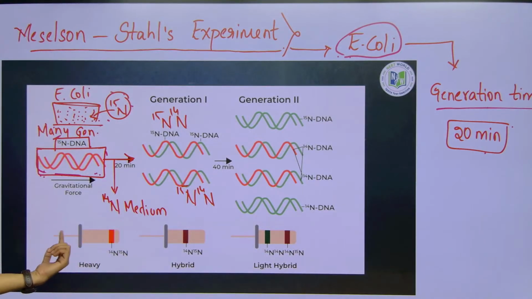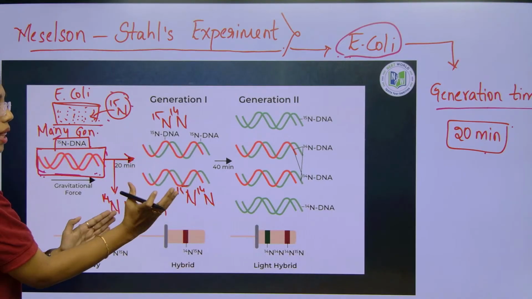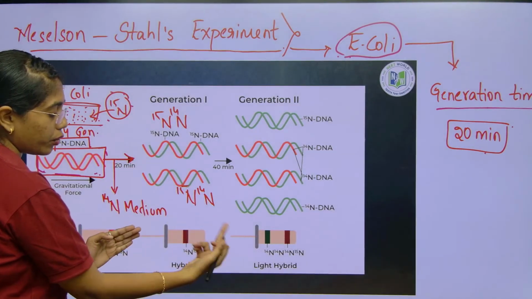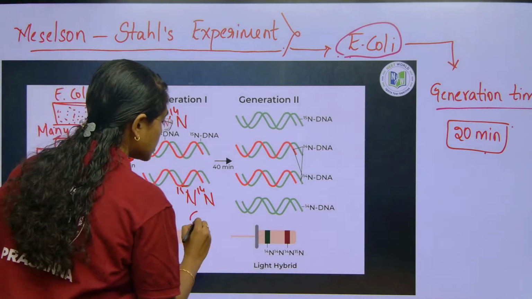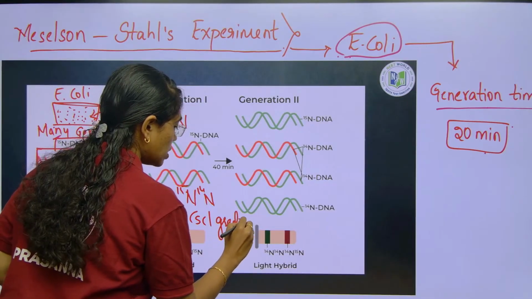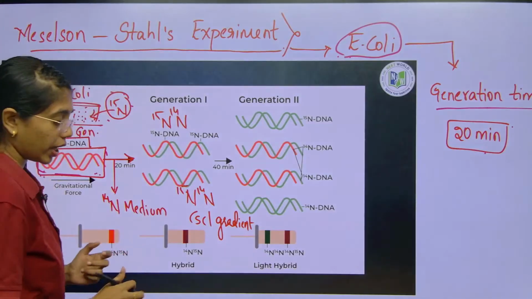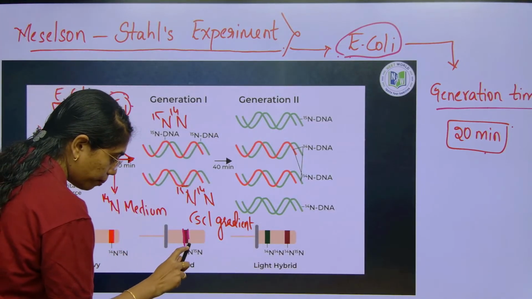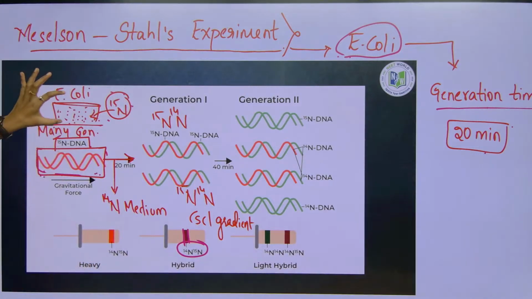By conducting centrifugation. After the generation time, the culture medium is centrifuged using a cesium chloride gradient. With this cesium chloride gradient, when the entire medium is centrifuged, you can see only one band, that is N14, N15. Got it?